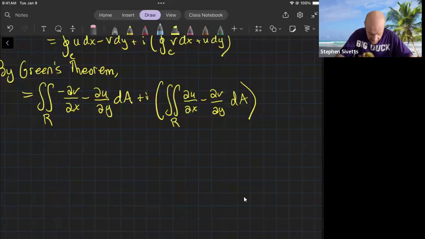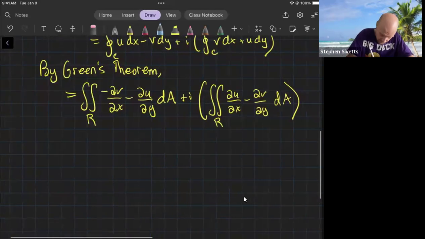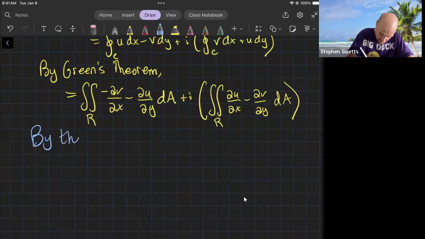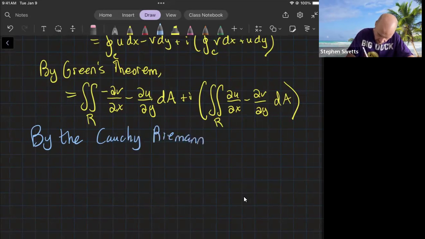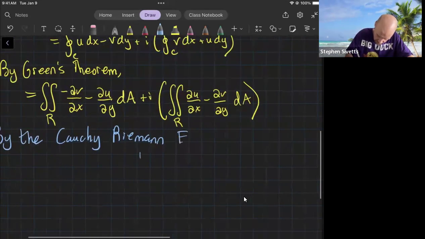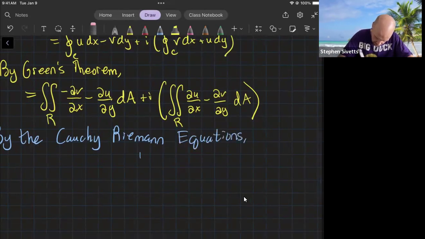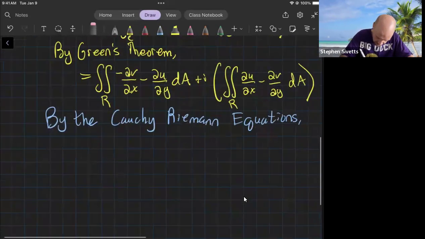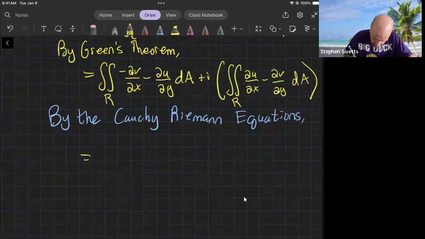Since f of z is analytic, we're going to use the Cauchy-Riemann equations. By the Cauchy-Riemann equations, the partial of u with respect to y is equal to minus the partial of v with respect to x.